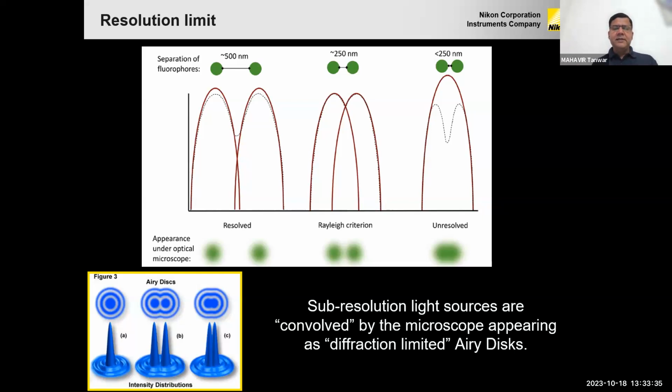That is considered as one airy disk. Similarly in optics, if you see the lower image, in the intensity distribution the middle one has the best peak. When it is plotted, that is called one airy disk. The pinhole I was talking about in confocal, we used to set at one airy unit, right?